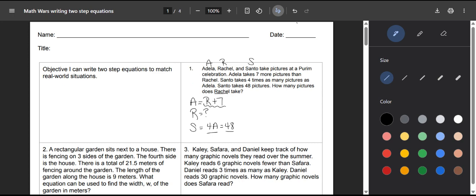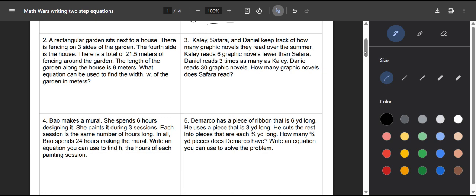So I can plug that in for Adela. 4 times R plus 7, Rachel's amount increased by 7, equals 48. Now I have an equation that shows me how many pictures Rachel would take in comparison to the other people. I can solve for R and figure out how many pictures Rachel takes.